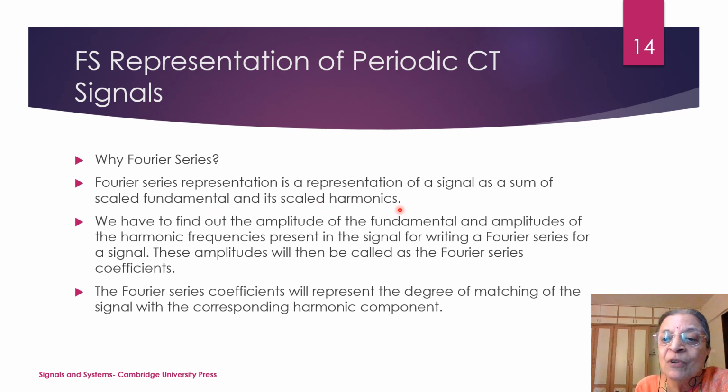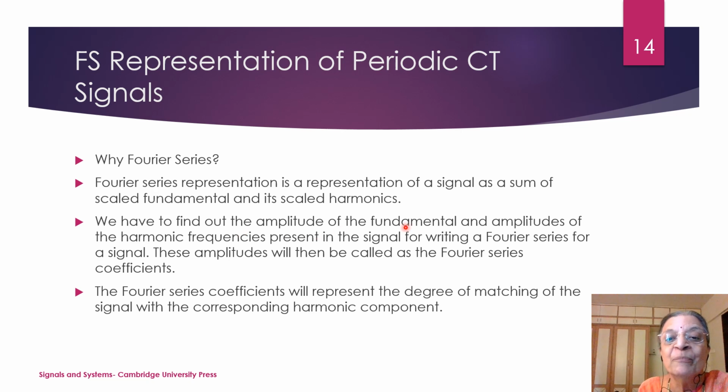But what is the amount of each harmonic? The second harmonic may be dominating, the third harmonic may not be there, the fourth harmonic may have a very small value, right? So we represent the signal as a sum of the scaled fundamental plus its scaled harmonics. The amount of harmonic that is present is the corresponding scale used for that particular harmonic.